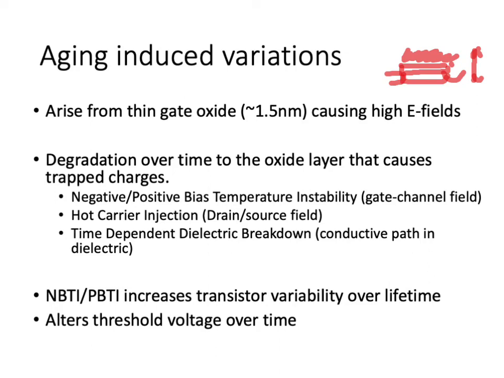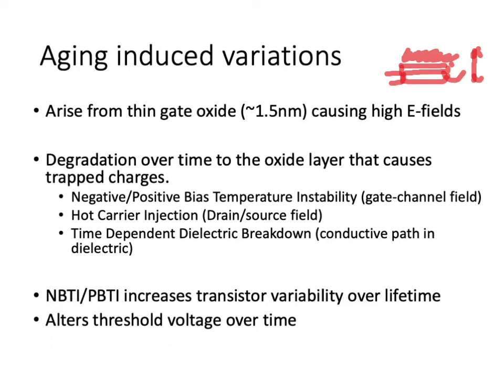And under these high electric fields, the lattice structure of this non-conductive dielectric silicon dioxide actually breaks down. It actually degrades. There are defects that get created in the dielectric where charge, the free electrons or holes, can be created within the dielectric.